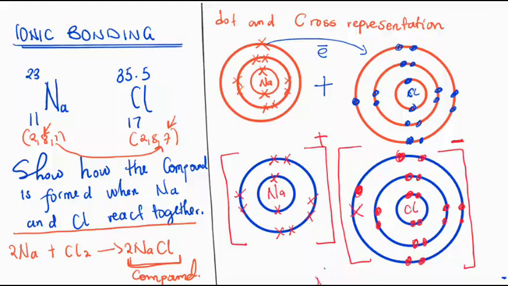So this is the sodium ion, and that's called the chloride ion. So this is how the compound sodium chloride is formed. I hope this helped.